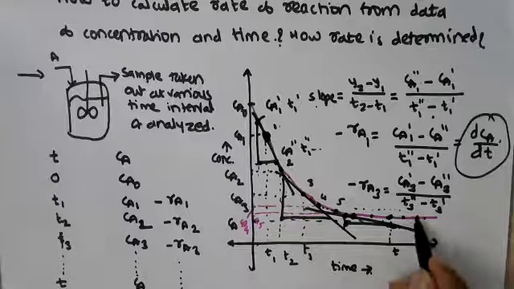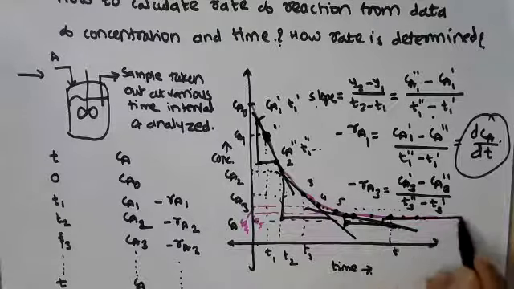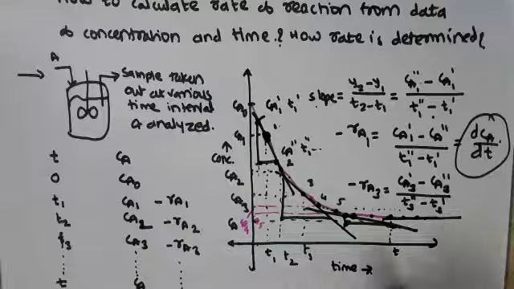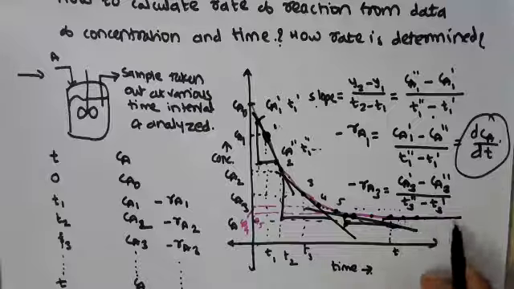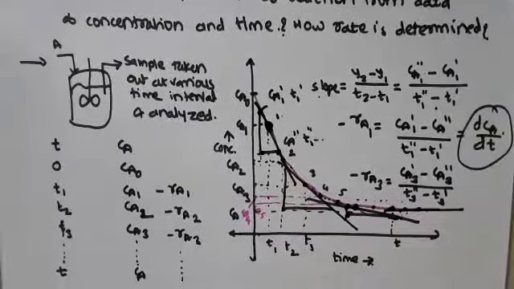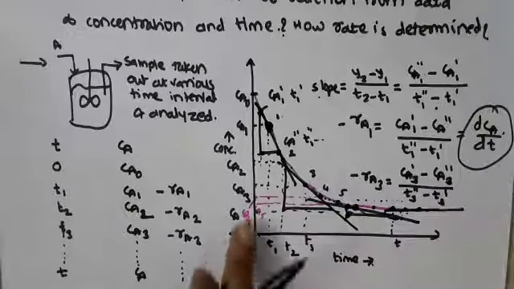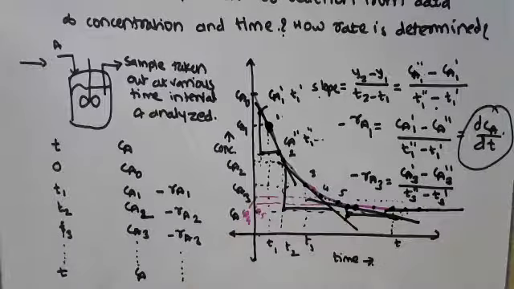Similar thing was observed over here. And if you draw the tangent, it will be simply flat. It means that the value of dy will be 0 and the value of dt can be infinite. So when it is 0, the value of rate is 0 because the reactant is not getting consumed. We will be able to calculate the rate of reaction only if the concentration of reactant is changing, that means if the reactant is getting consumed.